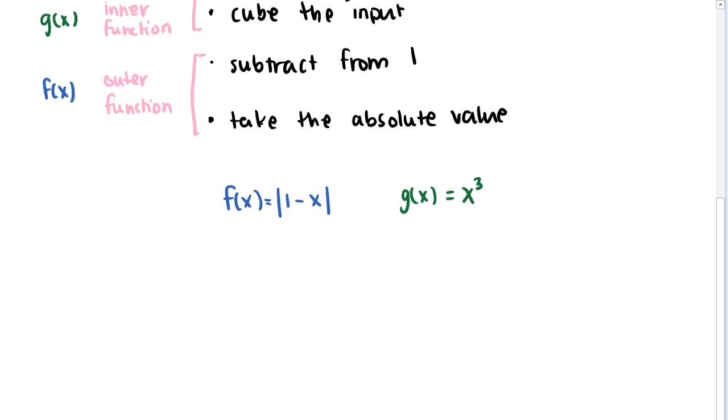And so, let's check that these work as a decomposition, that if I compose these two functions, I'll get my original function, the absolute value of 1 minus x cubed. And so here, if I take f compose with g of x, what we get here is the absolute value of 1 minus our input, g of x.